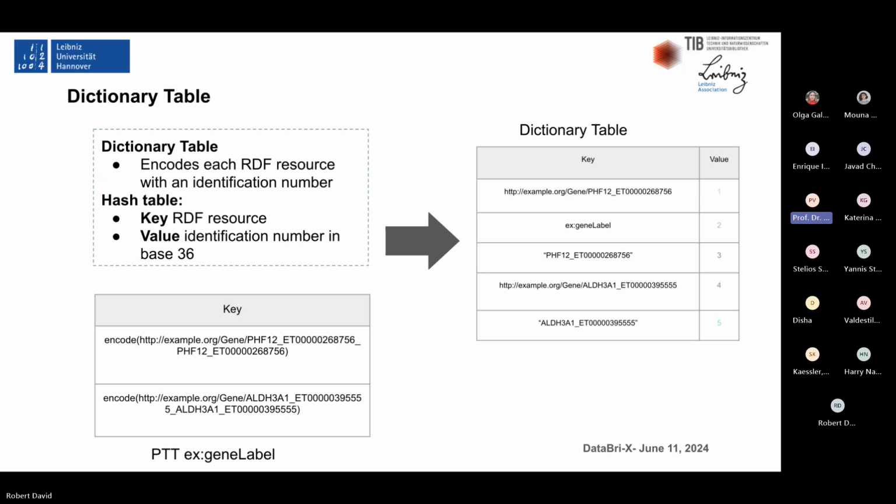We have a key, the RDF resource, represented as a value identification number in base 36. With that, we are considerably reducing the memory we require to keep all these data structures. So please go next.